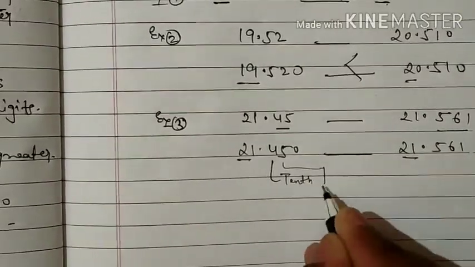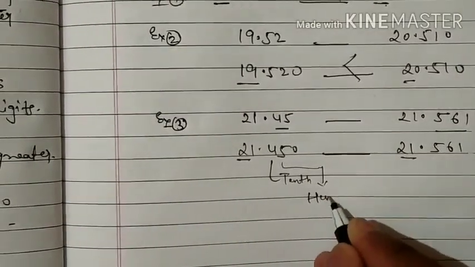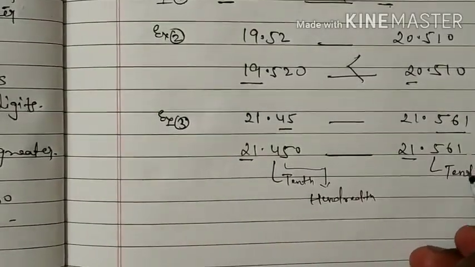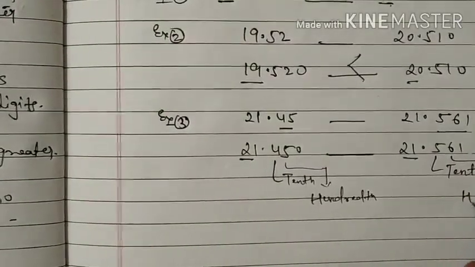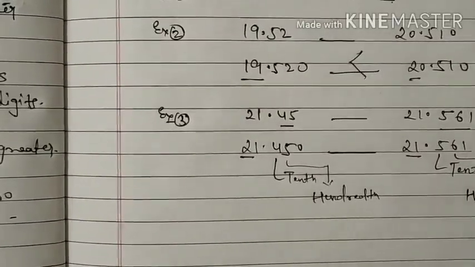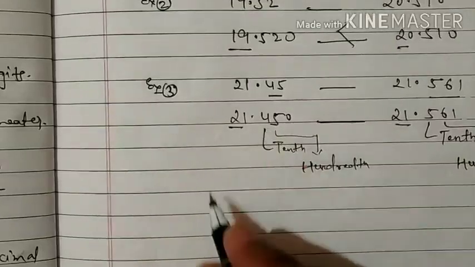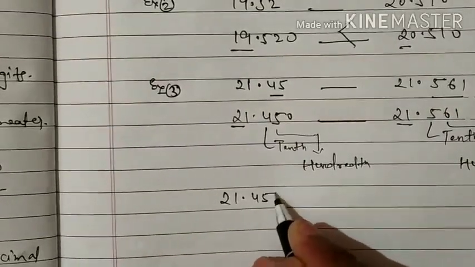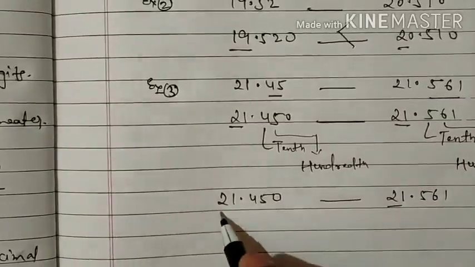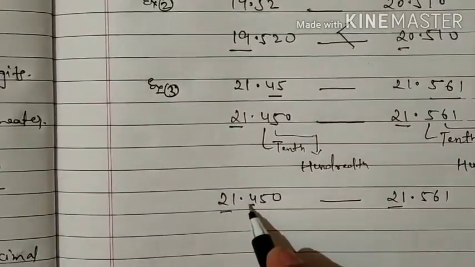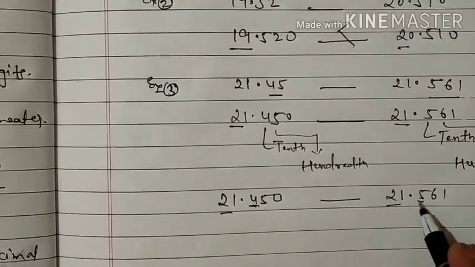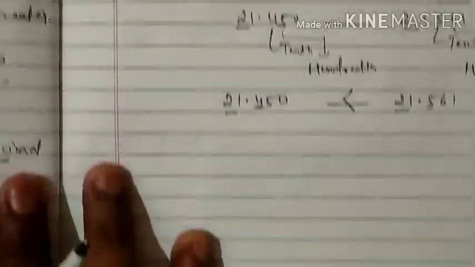This is tenth, and this is hundredth. I hope you all know. So we compare the tenth digits of 21.450 and 21.561. What do we have in the tenth digit? 4. And in the other? 5. Which one is greater? 5. So this will be the comparison.